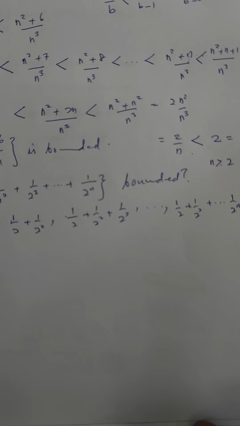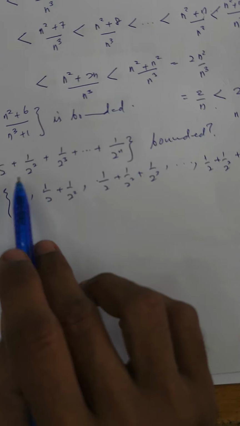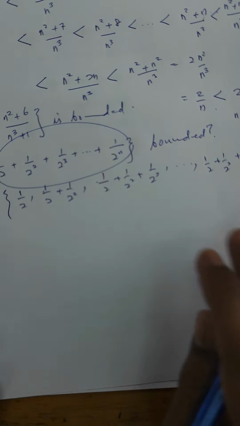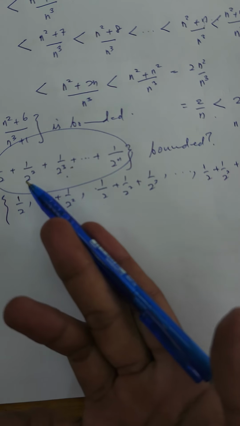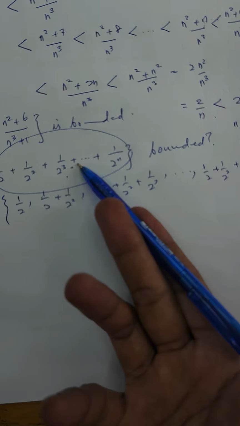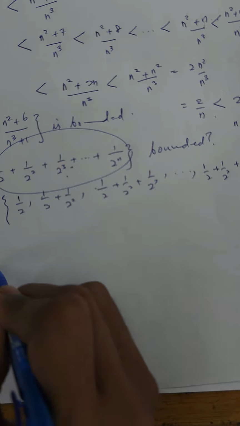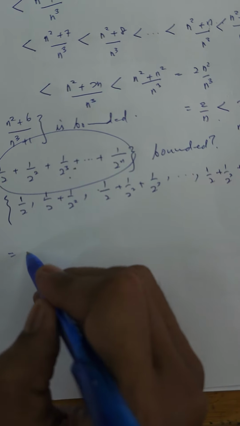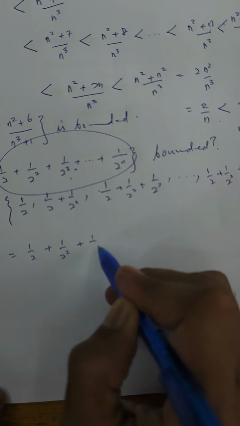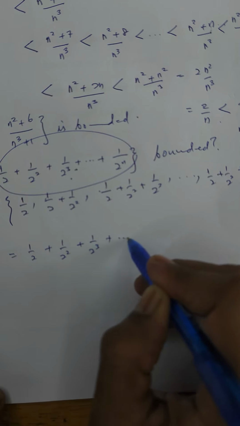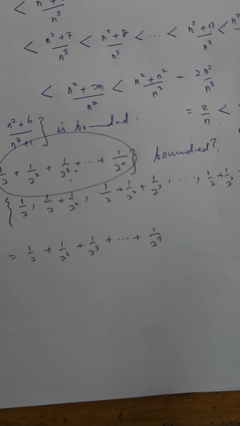Now, by looking at this, it is obvious that you have a kind of series that I can write as Sn equals half plus 1 over 2 squared plus 1 over 2 cubed plus ... plus 1 over 2 to the n, because we have summation up to n terms.